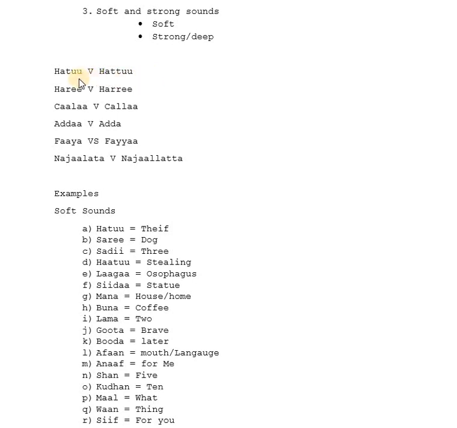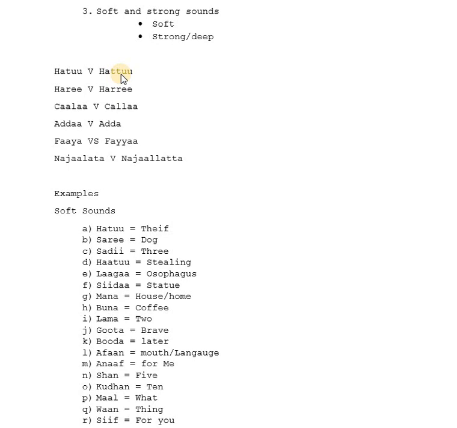Listen to the ta sound. Hatu, hatu. So ta in the first word hatu is soft, and the tu in the second hatu is deep or strong. That is what soft and strong mean in Oromo.